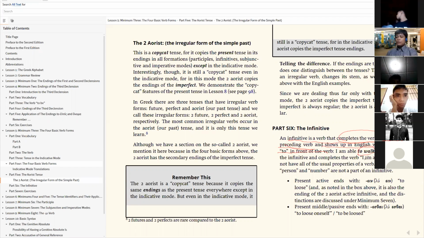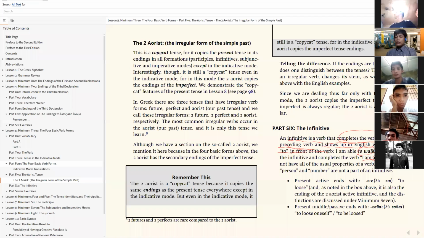For example, you have here, I am able to walk. That is the sentence. The to walk here finishes the verb able. What are you able? I am able to walk.